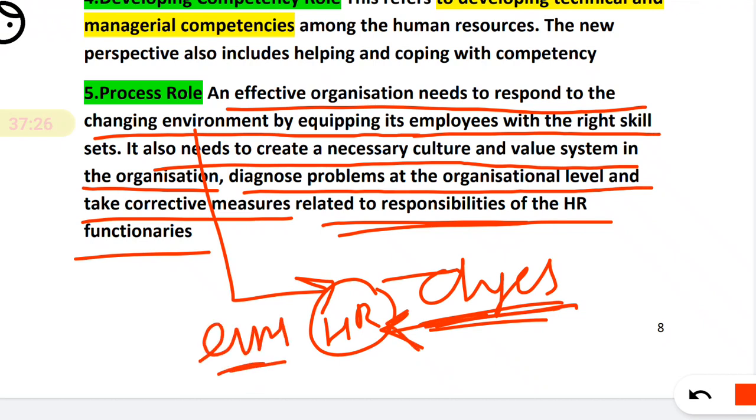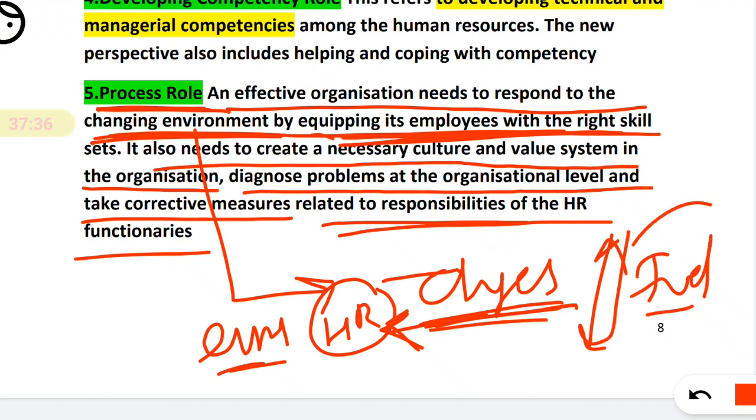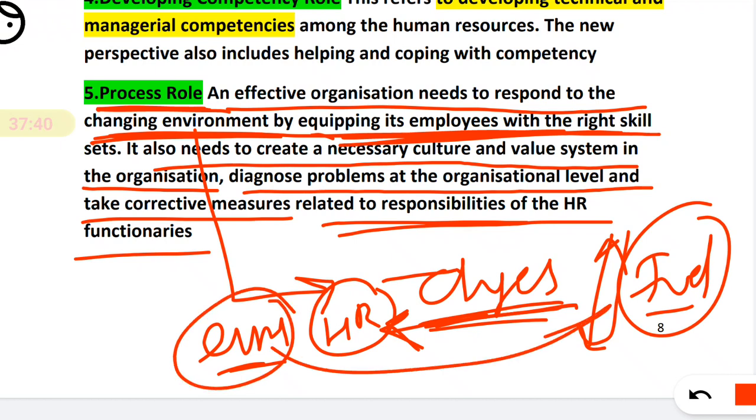Okay, so equipping the employees with the right skills in the changing environment, that is basically the process role. That means whatever process is going on in the industry, our employees working in the organization should be equipped with those changes. It is basically a process role.